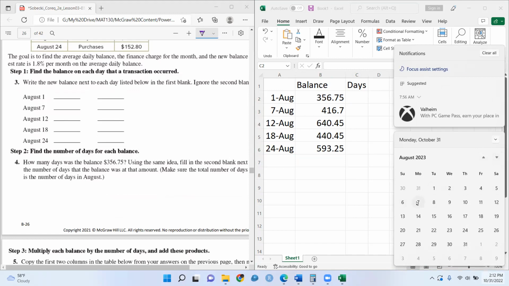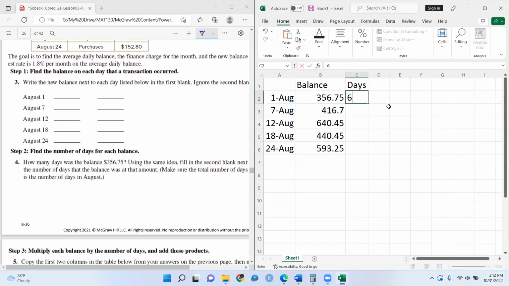On the 7th day, it switched to 416.70. So 6 days here. Notice that was 7 minus 1. That means for the balance of 416.70, it would be 12 minus 7 or 5 days. And then 18 minus 12 is 6 days. 24 minus 18 is another 6 days. Whoops, I put a 3.